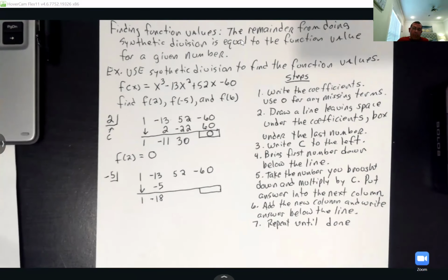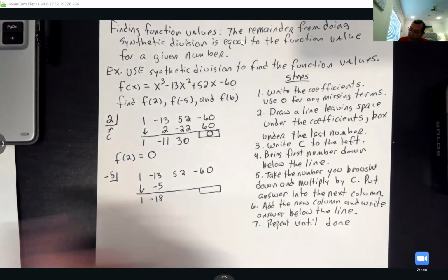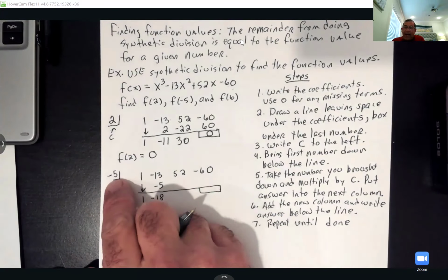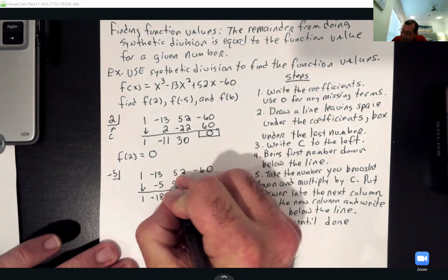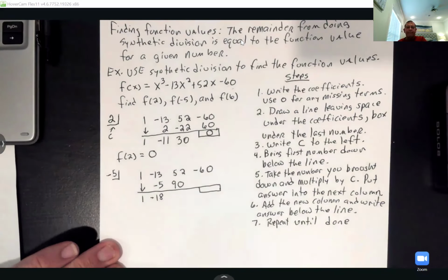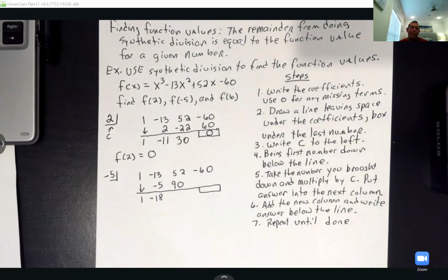Now, I'm going to start repeating my process. So what do I got? I got a negative 18 times negative 5. That's going to be a positive 90. Okay, so remember, multiplying 2 negatives makes a positive.